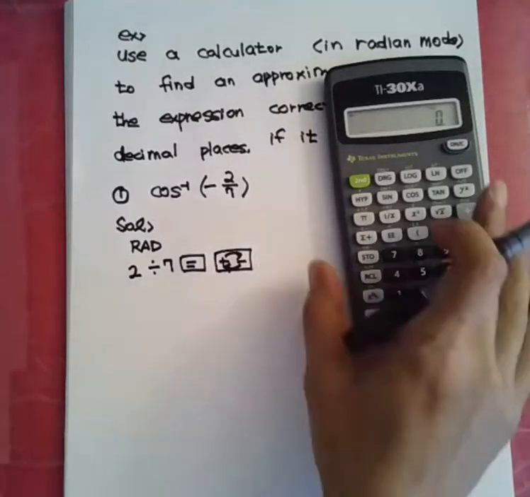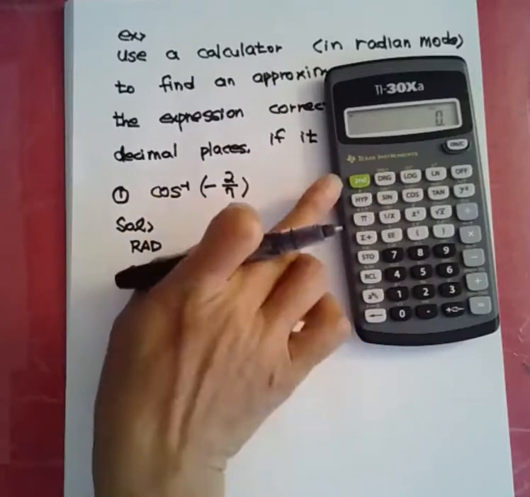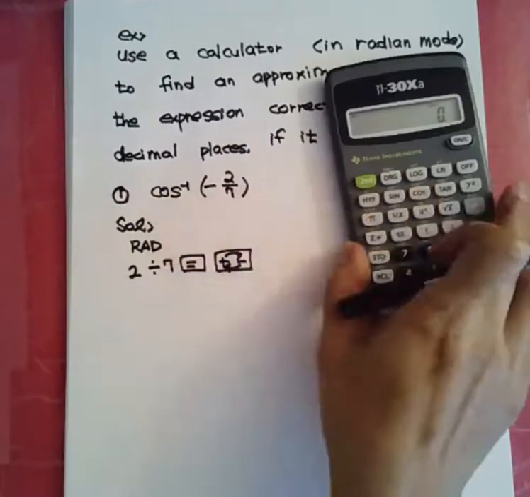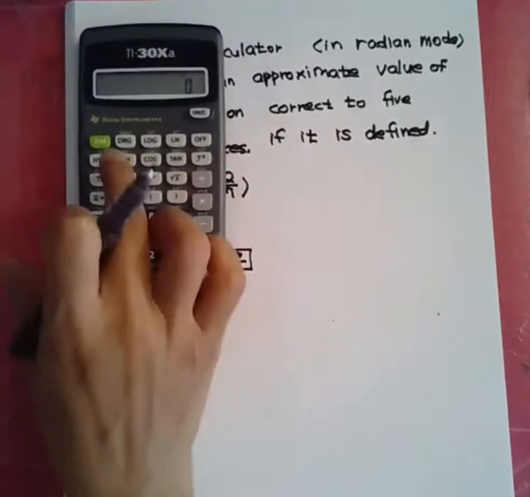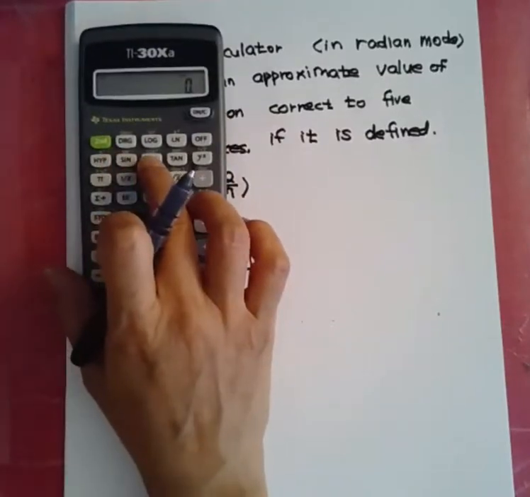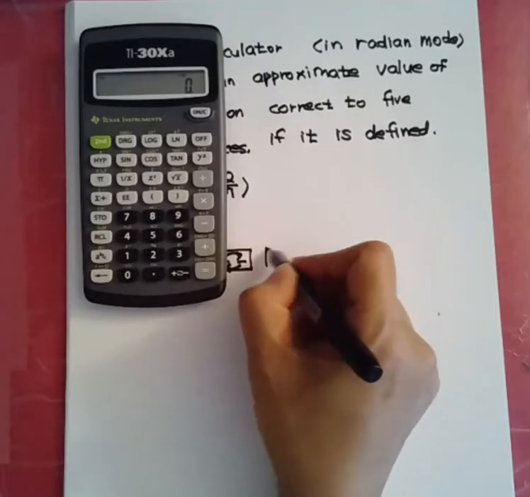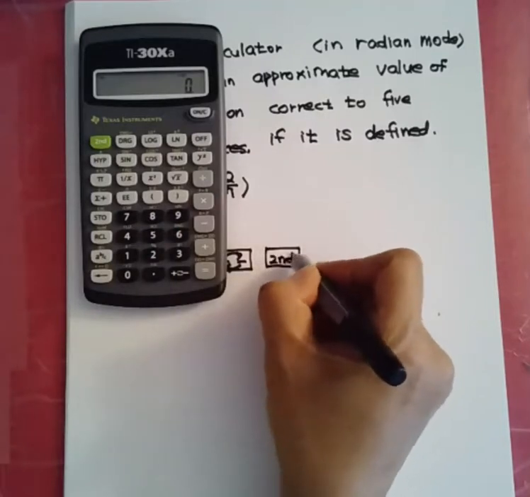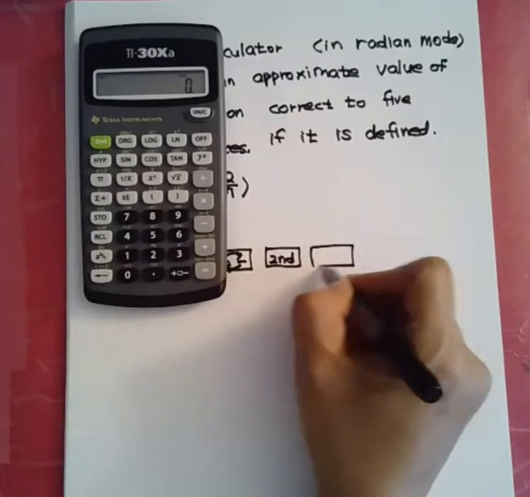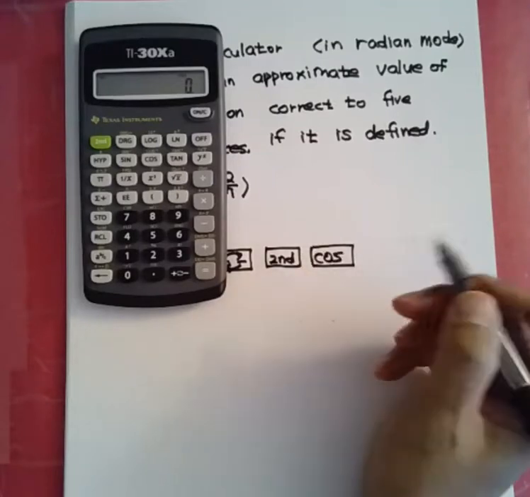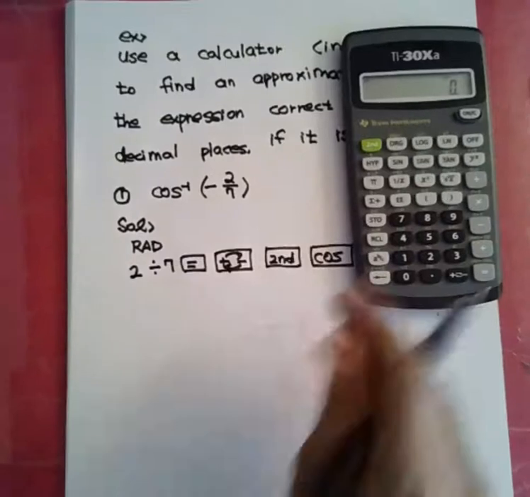And then cosine inverse, second and cosine, because that is written as a green character. Let's do that.